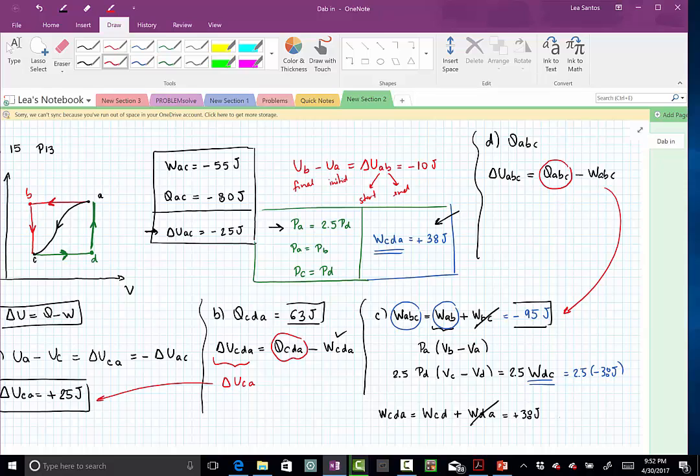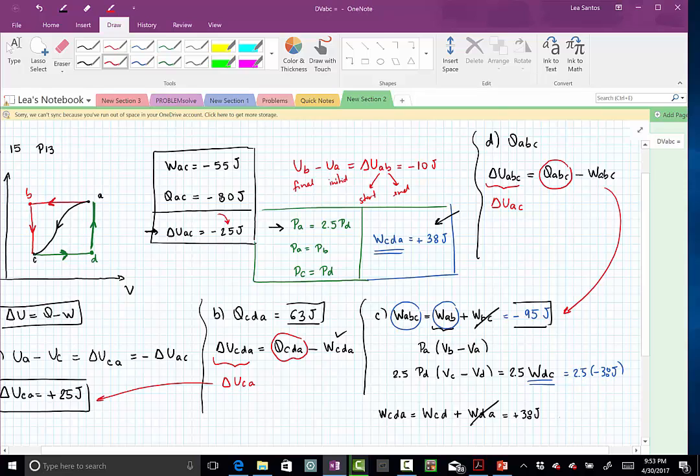Do I have the change in internal energy from ABC? Remember what we've been saying. The change in internal energy only depends on the final and the initial. So this delta U ABC is just the delta UAC. And the delta UAC I computed in the beginning of this problem.